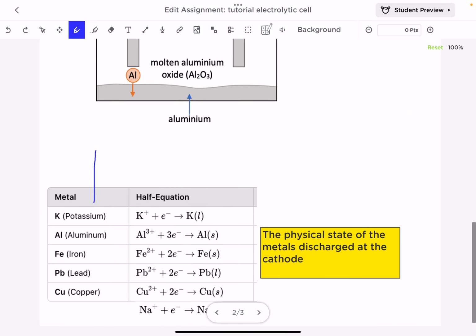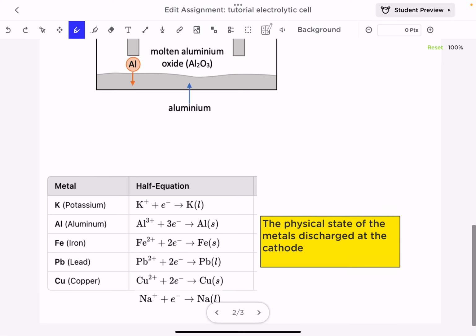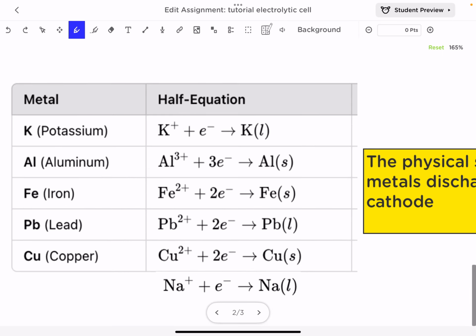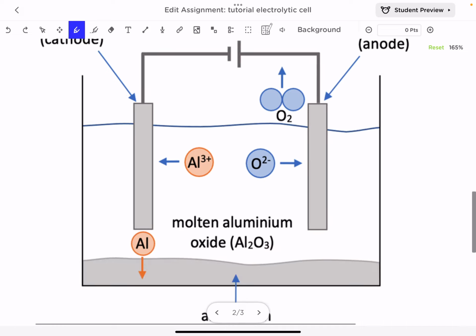Now here I have placed a table where I am indicating the physical states of the metals deposited at the cathode. Aluminium, lead, and copper are obtained in the solid state, whereas potassium, sodium, and other metals are in the liquid state.